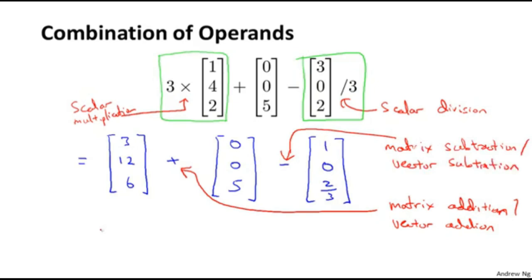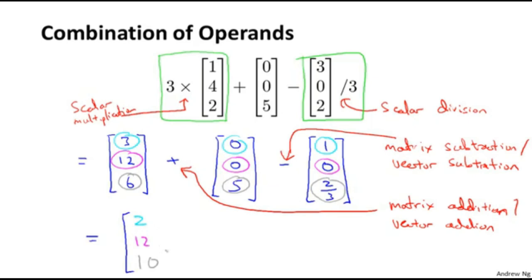Okay? And finally, to wrap this up, this gives me a vector whose first element is going to be 3 plus 0 minus 1. So that's 3 minus 1, which is 2. The second element is 12 plus 0 minus 0, which is 12. And the third element is 6 plus 5 minus 2/3, which is 11 minus 2/3, so that's 10 and 1/3.